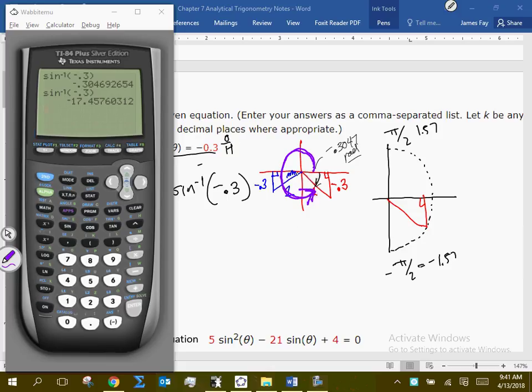So what would be, and it's going back to coterminal angles, what would be the process that I would use with that number of negative 0.3047? That's going to give me that positive coterminal angle. Okay, add 2 pi to it. Okay, so you're saying add 2 pi to the negative value, right?